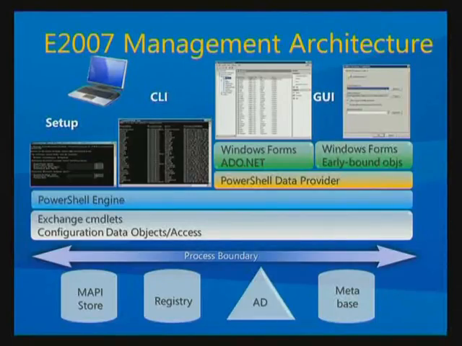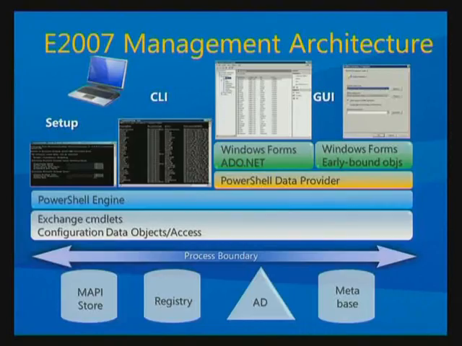If you want to go up through the GUI, however, we actually built an additional layer, the PowerShell data provider, because we wanted to be able to do a couple of things efficiently in the MMC GUI that were not inherently in the V1 PowerShell design. For instance, that's kind of two-thirds to the right side here, the Windows Forms ADO.NET.